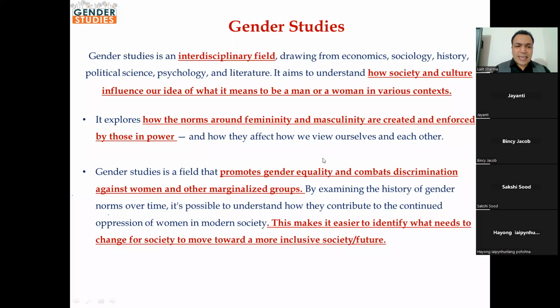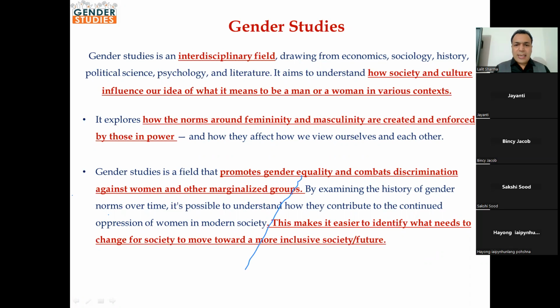Further, gender study is a field that promotes gender equality, right? Meaning, why are we learning the gender study topic? Okay, we are learning because we would be sensitized about gender studies. We would be aware about gender studies. Gender study is a field that promotes gender equality and combats discrimination against women and other marginalized groups.